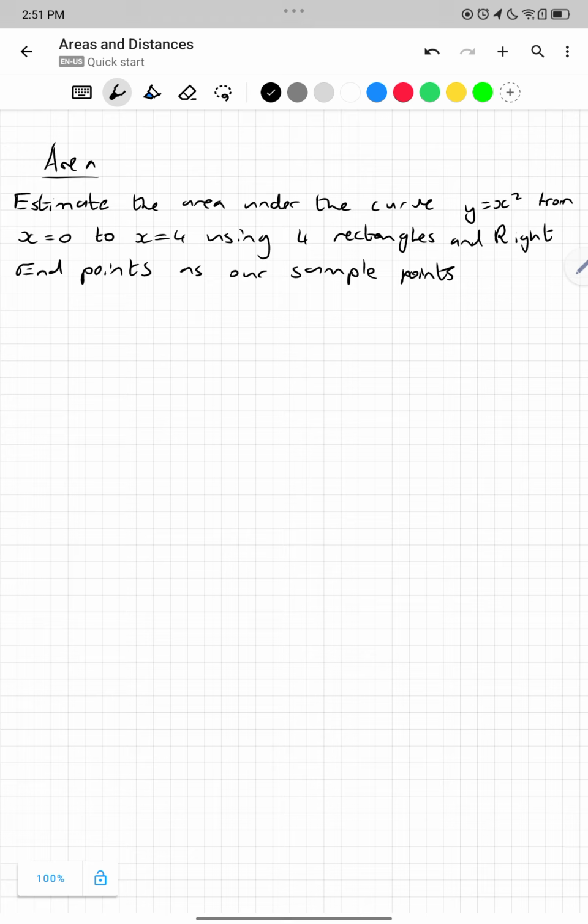So we have from 0 until 4, right? So sketching our graph is something like that. This is our y-axis and this is our x-axis.